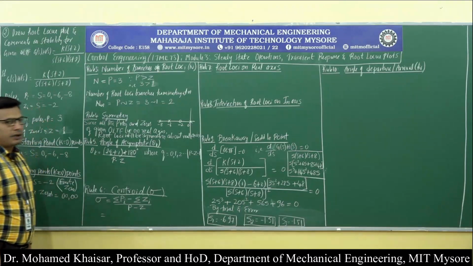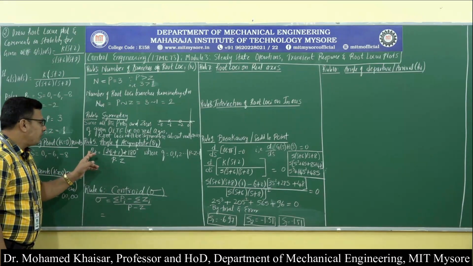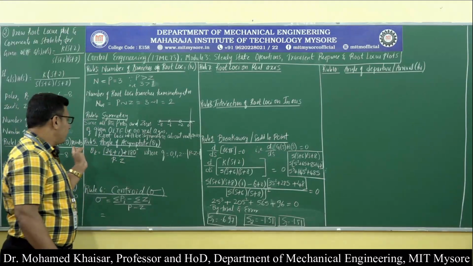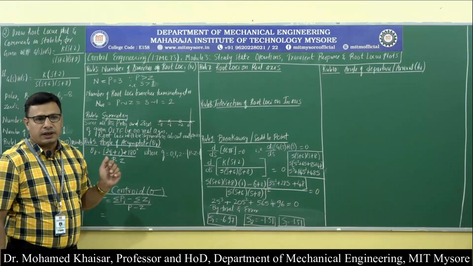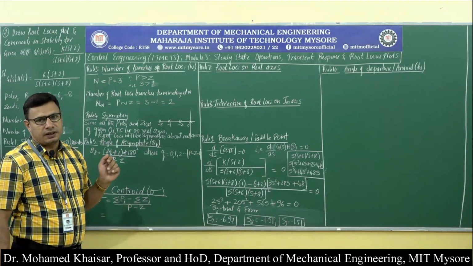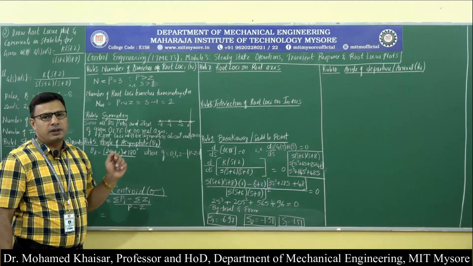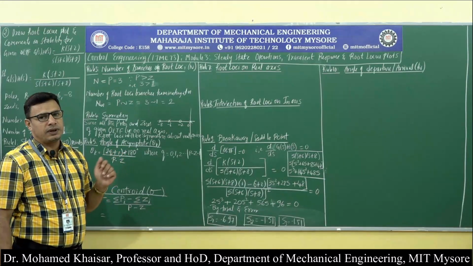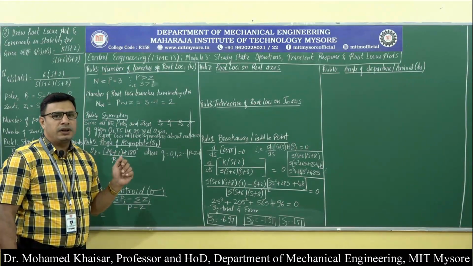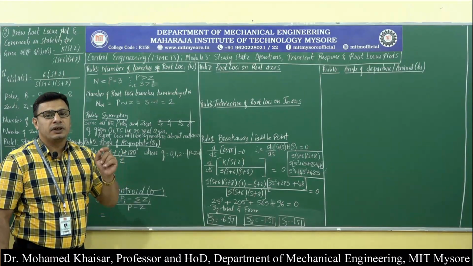So, this is also done. Now, asymptotic straight lines. As we have already known, what are asymptotic straight lines? These are the lines along which the branches of root loci will travel, because as we are already aware, the root loci are nothing but continuous curves.